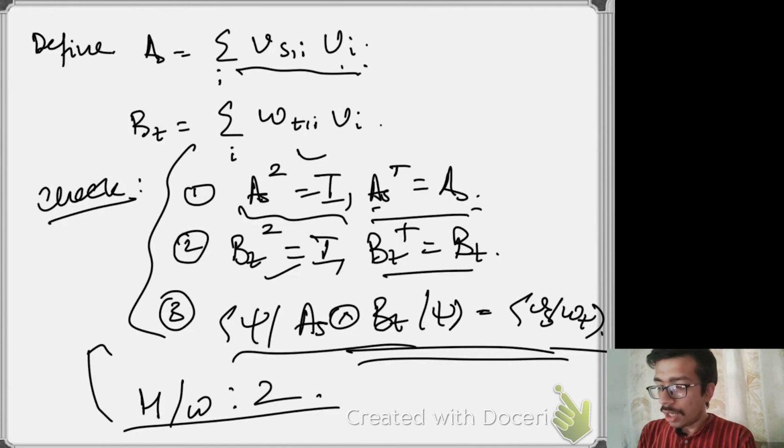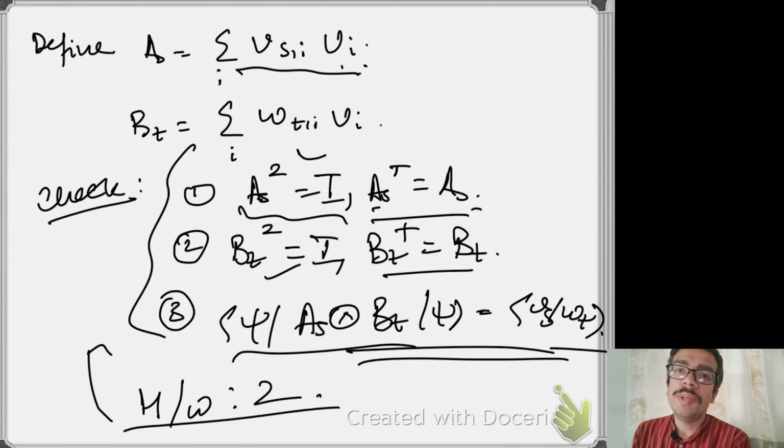For proving the third part, which is the main thing we need to do, you will need to use the three lemmas which we did in the first lecture, right? If you remember, we had talked about quantities such as As tensor I psi equals I tensor As transpose psi, and then we talked about psi which sandwiches As tensor Bt.